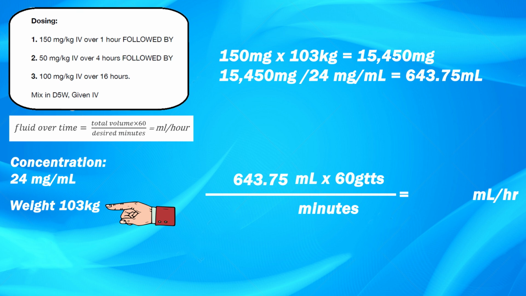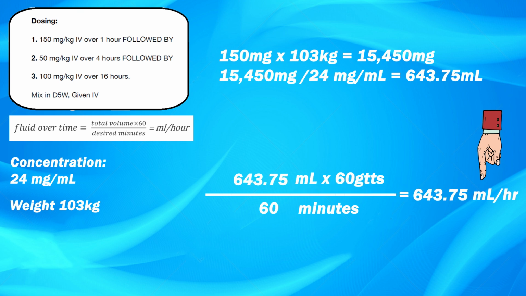We multiply by 60, which is the drip factor. But if you remember, drip factor of 60 is exactly the same as milliliters per hour on a pump. Very convenient number there. And then we're going to divide by 1 hour or 60 minutes. And so we wind up with 643.75 milliliters per hour for that first hour.